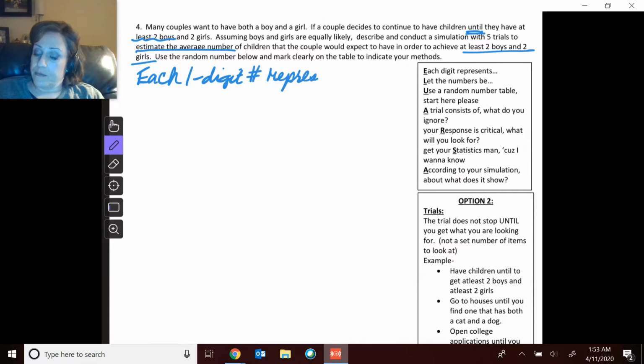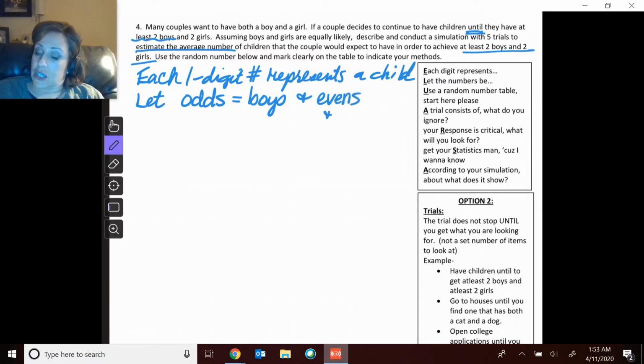We're going to let each 1-digit number represent a child. I'm going to let the odds be the boys, and the evens, which includes 0, be the girls. I think technically 0 is not considered an even.